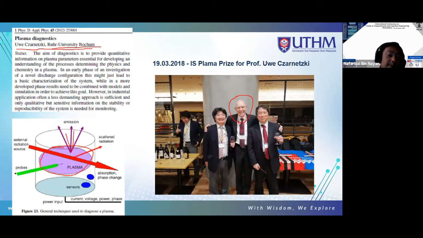We can also have a probe, where we put a needle inside the plasma, supply a voltage, and collect the current, so that we have an IV curve, the current and voltage curve. From the IV curve, we can understand the electron density and electron temperature inside the plasma, because in plasma you have free electrons moving around.